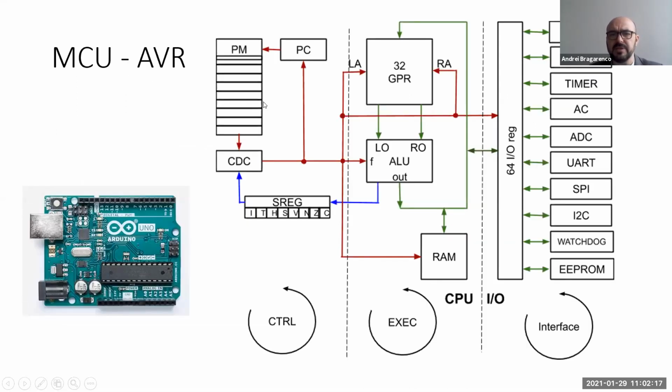The processor is made of two parts, by the way: a control part, or control automat, a control state machine that is providing execution of the program that is in the program memory. It's the program counter. It's selecting the instruction and providing it to the command decoder.